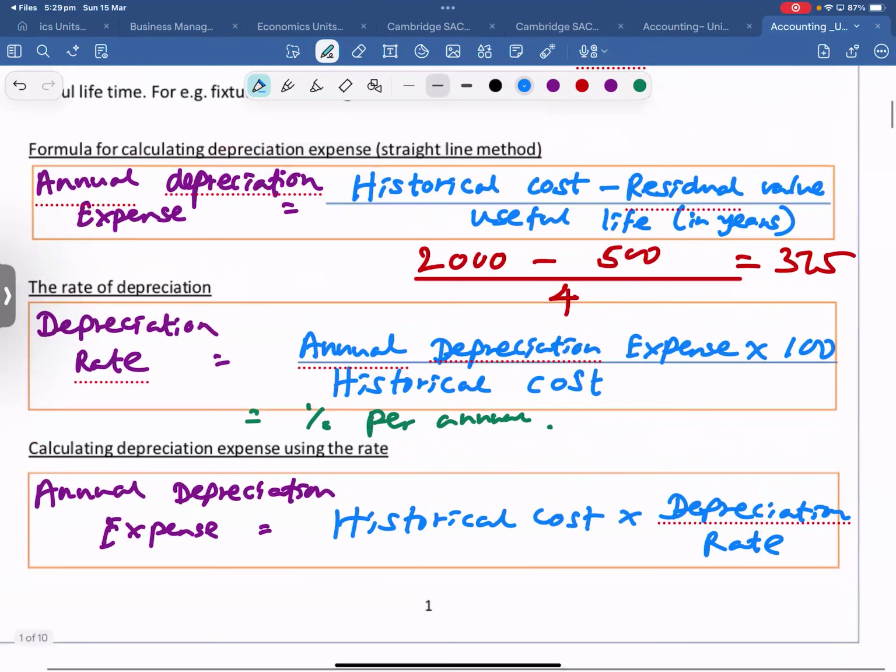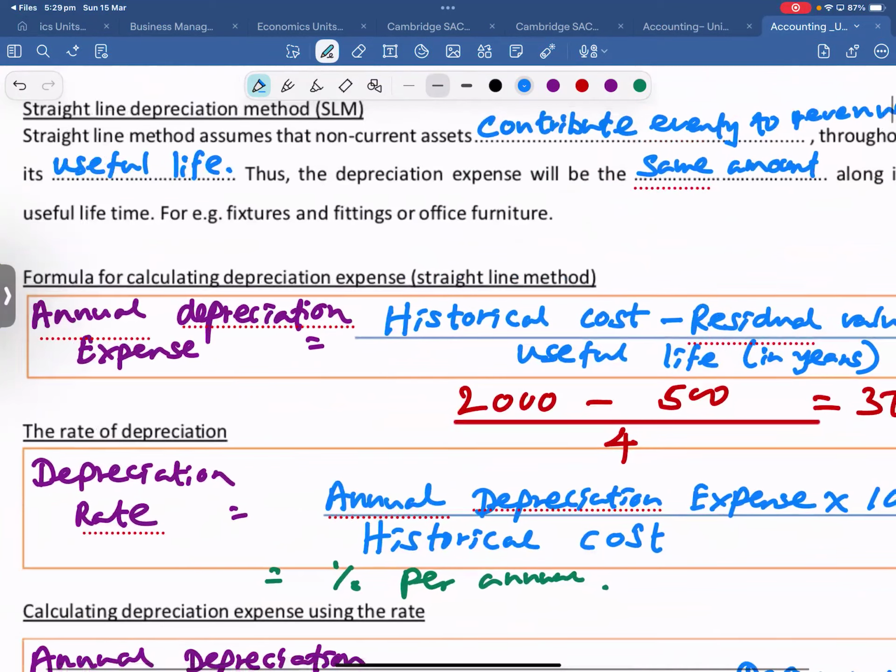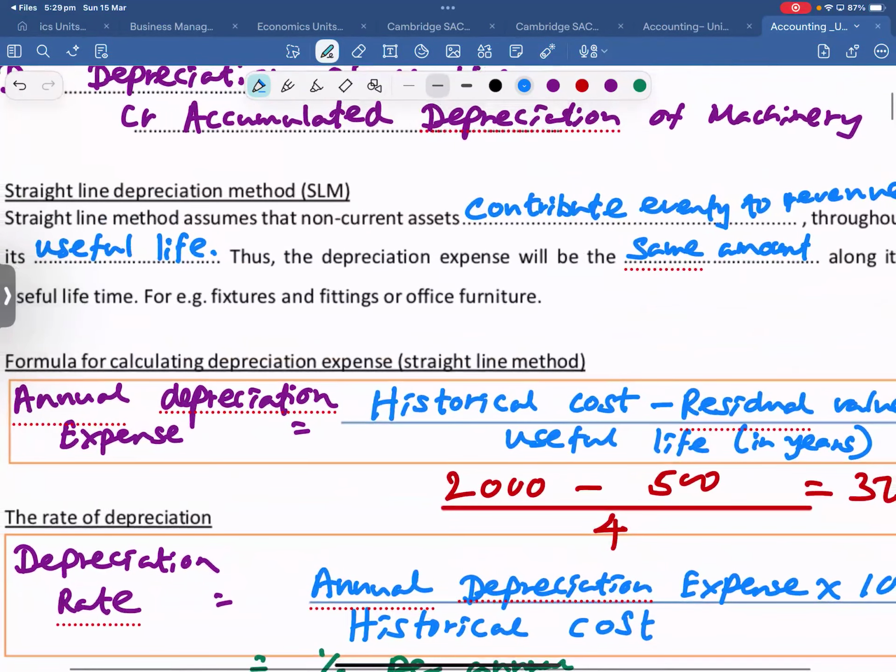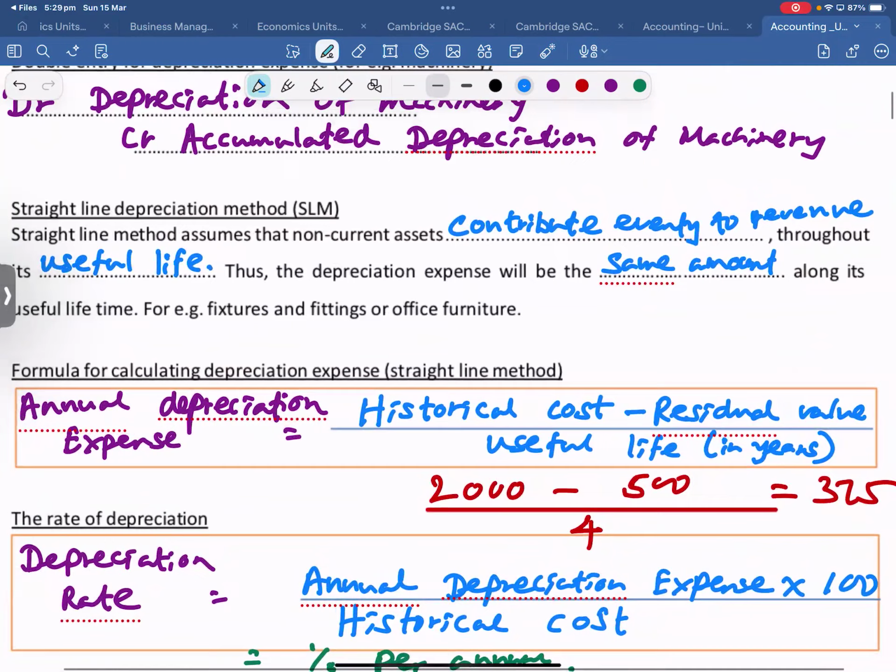First of all, the basis is that we calculate the annual depreciation expense using this formula. That is the base. Once we have found the annual depreciation expense, we can derive the depreciation rate. And in reverse, you can use the depreciation rate to calculate the annual depreciation expense.